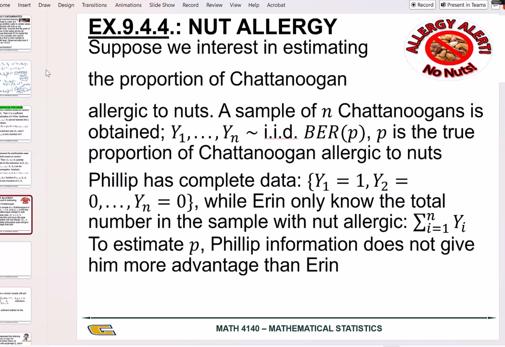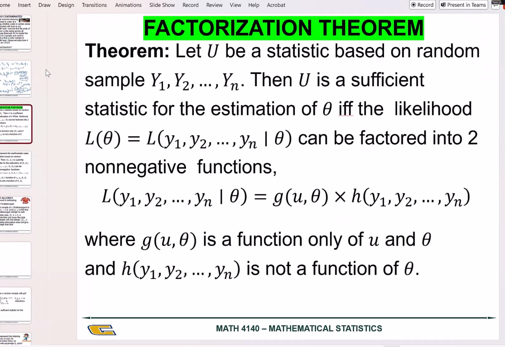If I already know the summation, I don't get anything more from having y1 to yn. So the sigma yi is a sufficient statistic for p. Let's look at the factorization theorem.